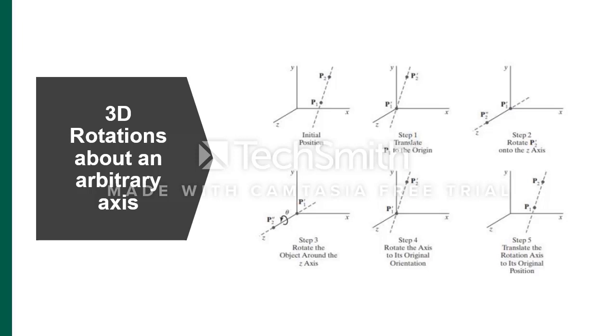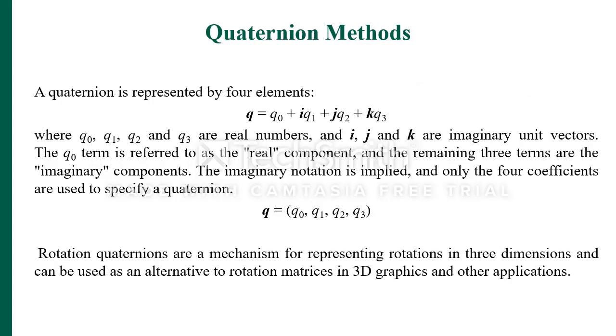Then it gets rotated, and we bring it back to the position where we started the rotation before. One point is passing through the origin, and now we are going to bring it back to its original position using the translation option. Performing this, we have done a 3D rotation over an arbitrary axis.